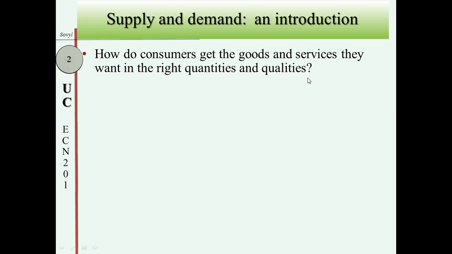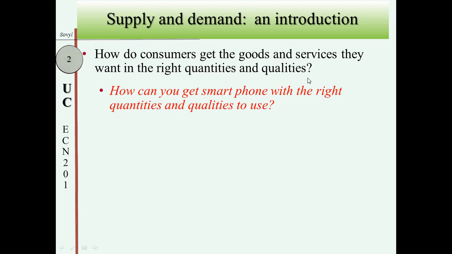How do consumers get the goods, get services to use what they want to use in the right quantities and the right qualities? This is a general question. Maybe I can be specific to you. How can you get a smartphone with the right quantity and the right quality to use?